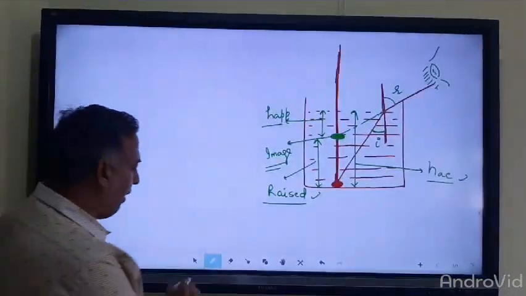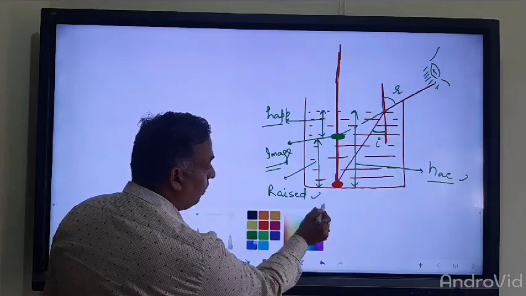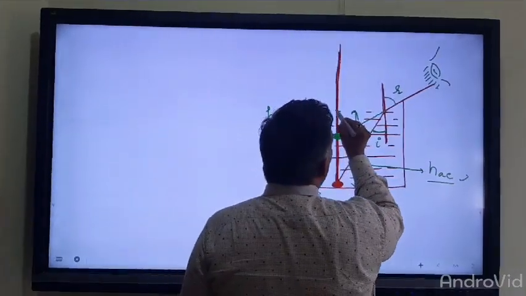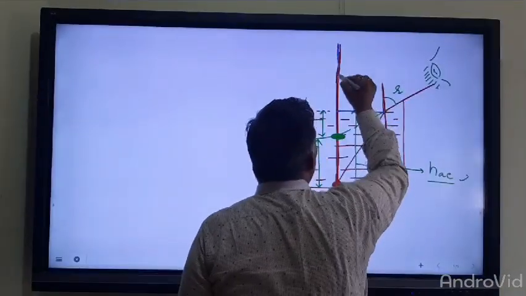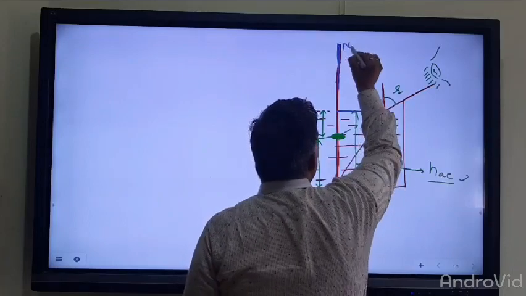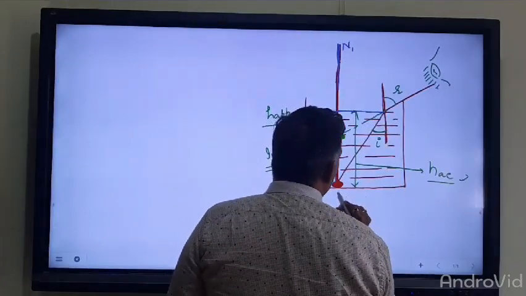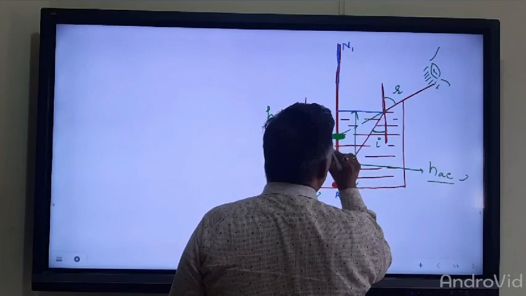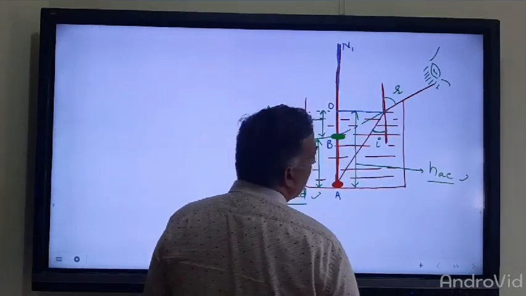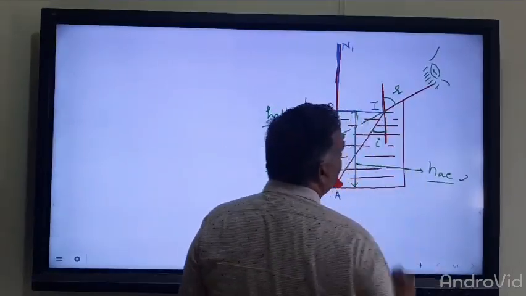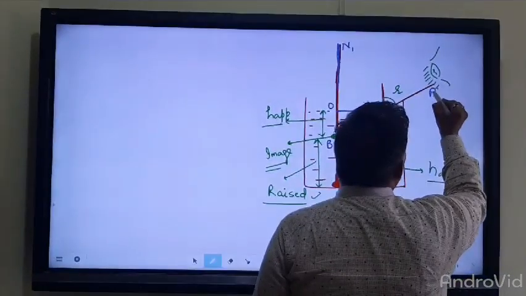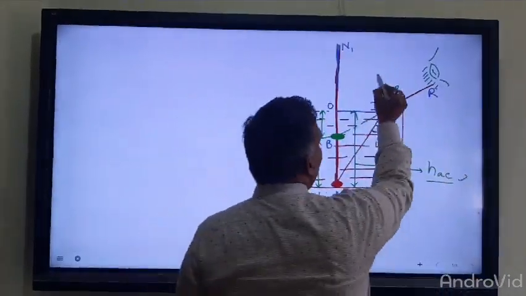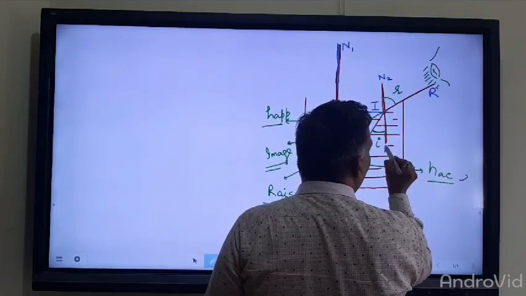So we have to write the formula for it also. So how can we write it? I'm saying this is a ray. This is N1, this is A, this is B, and this is O, and this I'm taking as i, and this is suppose r, and this is N2 and N3.